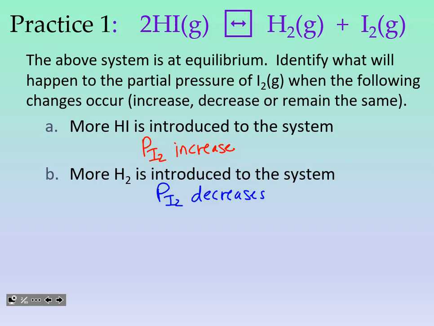Because the reaction shifts towards the reactants. If you add in hydrogen, which is a product, it's going to proceed towards the reactants. That means it's going to consume the products to make reactants. And iodine, therefore, some of it will be consumed, and it will end up decreasing the partial pressure.